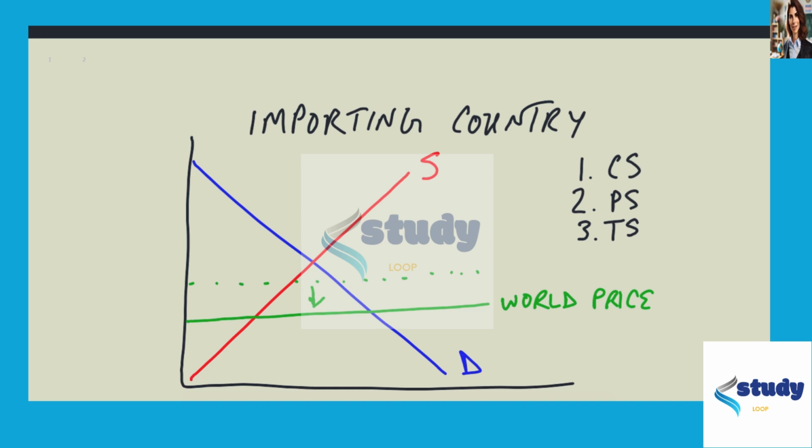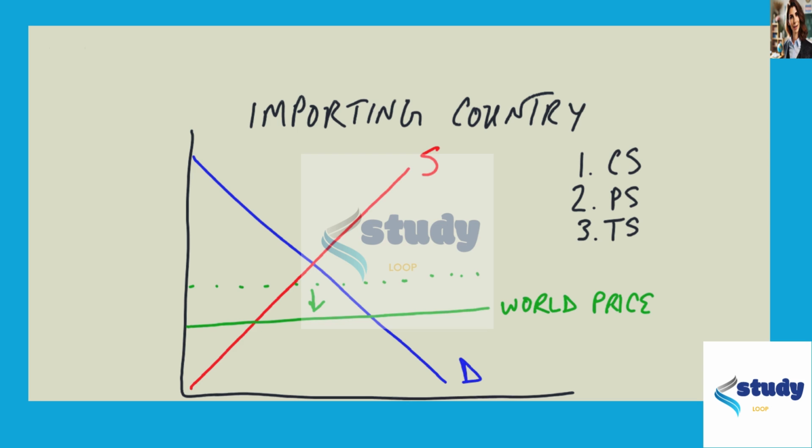Well, if you imagine that the world price was at the dotted green line, you would have consumer surplus being everything above that dotted line below the demand curve, including this triangle in here, right? And then producer surplus would be everything below the dotted line and to the left of the supply curve.